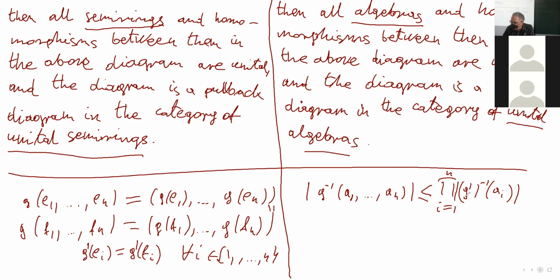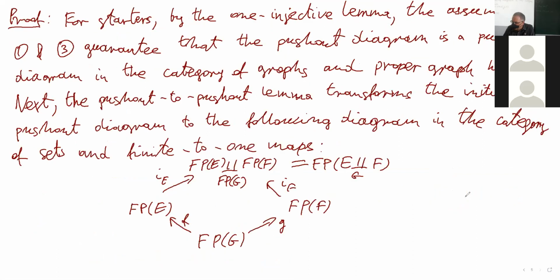I don't want to write it formally because it's really obvious. I think I even skipped it in the notes or made a reference to a similar reason. So this way we really see that this is a diagram in the category of sets and finite-to-1 maps. That's important because otherwise I cannot apply my functor map F.